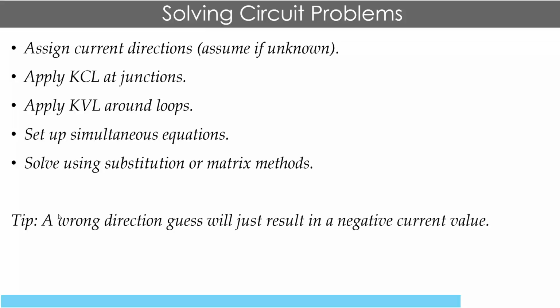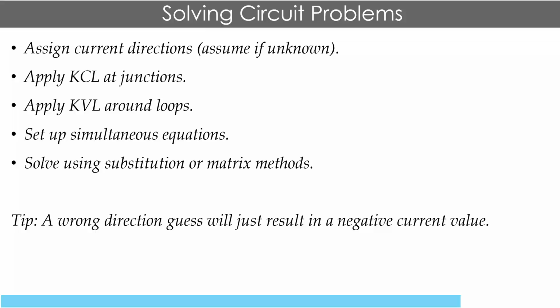So a tip before we proceed is that if you depict a wrong direction for your current, it will only result in giving you a negative value of the current. So that is not a problem. Maybe the current was actually flowing in a clockwise direction, or moving down a branch and not up, and you gave a wrong convention.